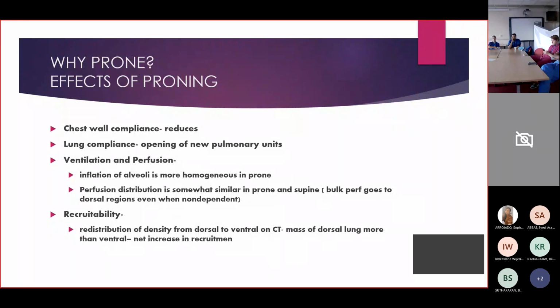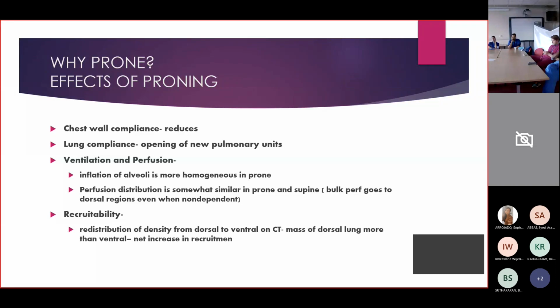The chest wall is a structure composed of the spine, the ribs, and the abdominal boundary as well. In supine position, the posterior chest and the abdomen are fixed, whereas the anterior chest wall is the one that is mostly mobile.